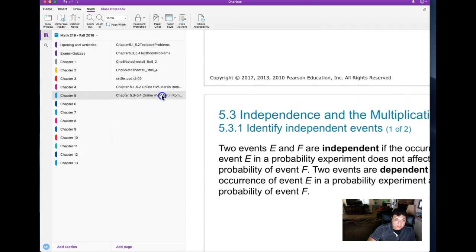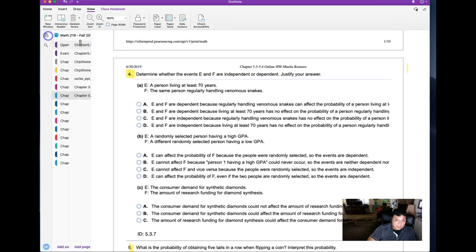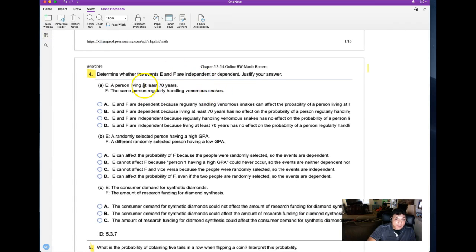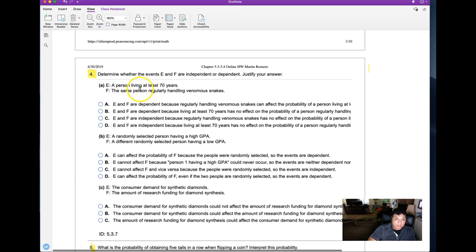Okay, so we'll look at some specific examples of that. And so in this case, a person living at least 70 years old, is that independent or dependent to the same person regularly handling venomous snakes? Now, the event of handling venomous snakes does influence your probability of living at least 70 years.